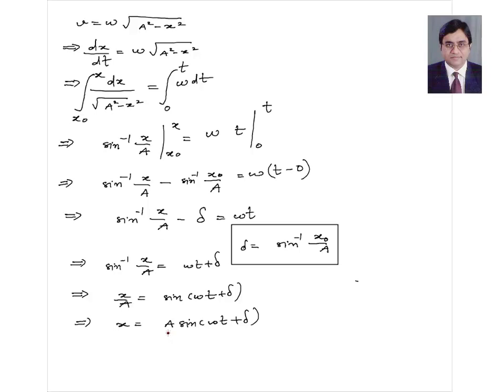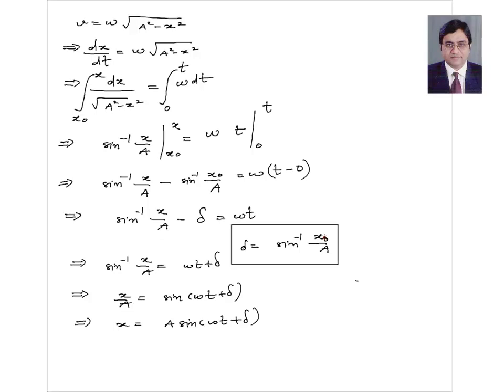So A is the amplitude, omega is a constant, delta is sine inverse x naught by A. x naught means when you press the stopwatch, where was the particle? Initial state.